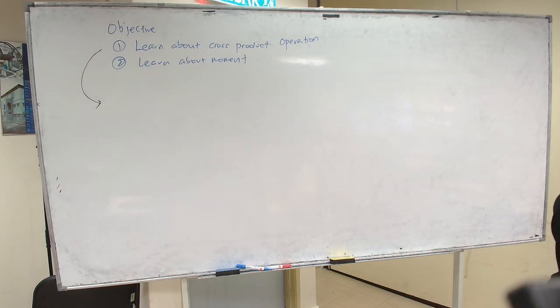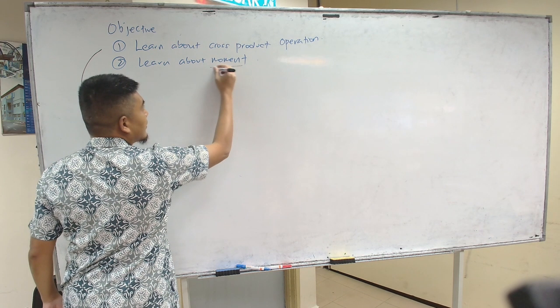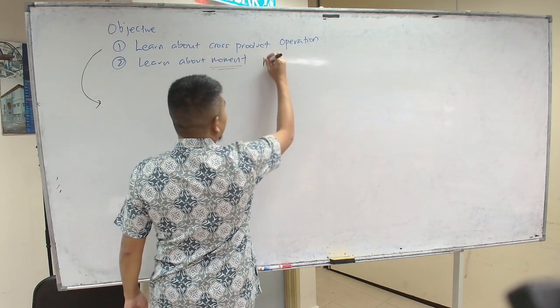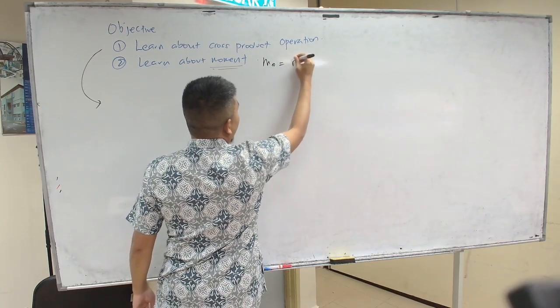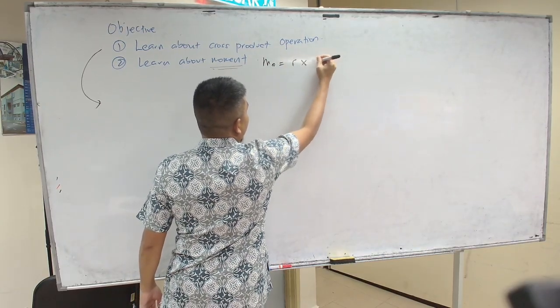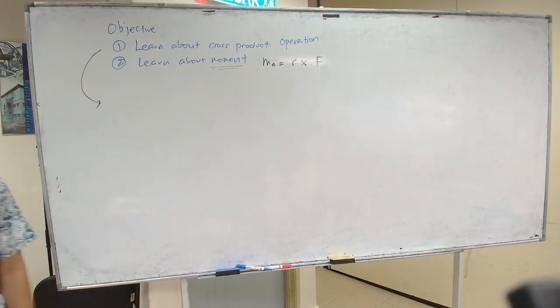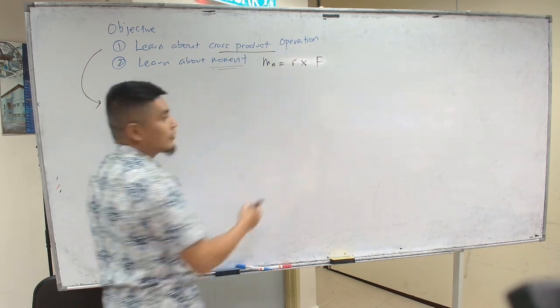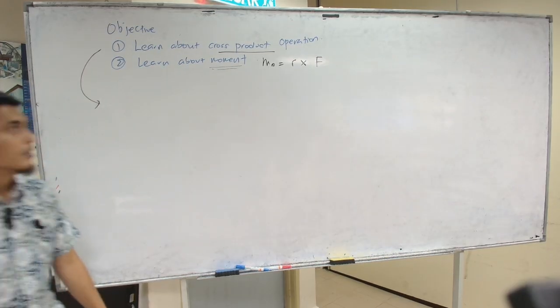We go straightforward because we want to learn about moment. The moment formula is M_O = R multiplied with F. Okay, this is the formula for the moment. So in this case you need to learn about the cross product operation.